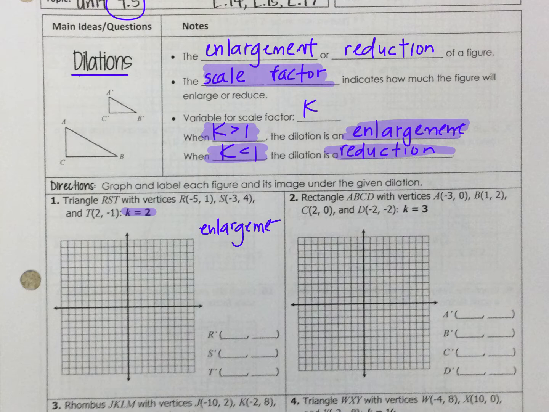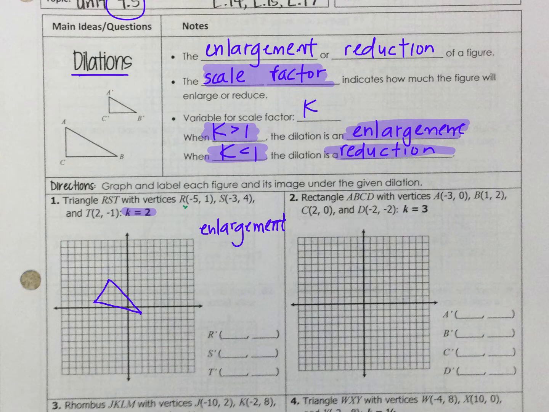I'm going to pause it 1 second and draw out the figure. So this is our pre-image, and what K equals 2 tells me is that I'm going to have to multiply every point by 2.